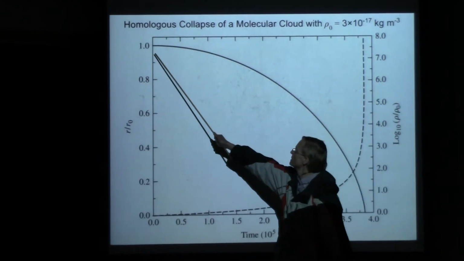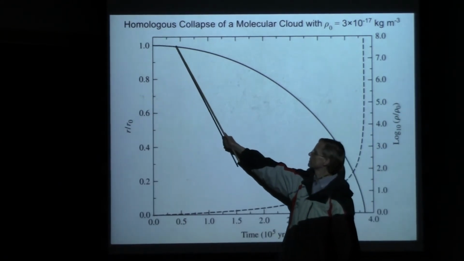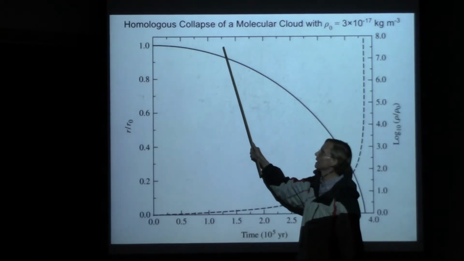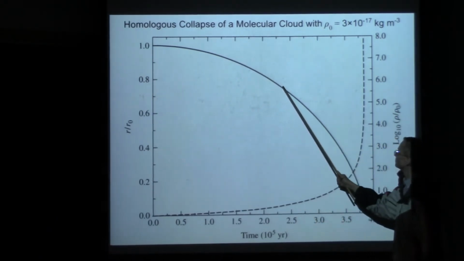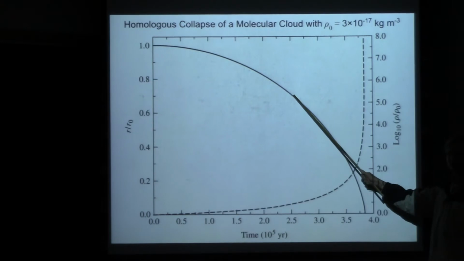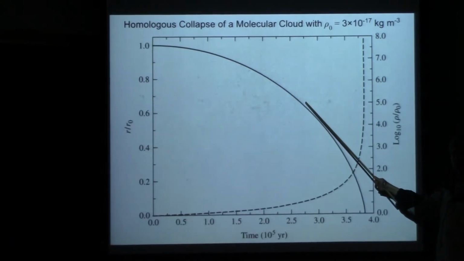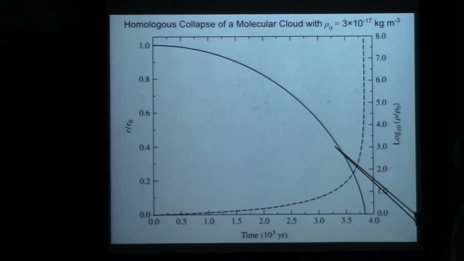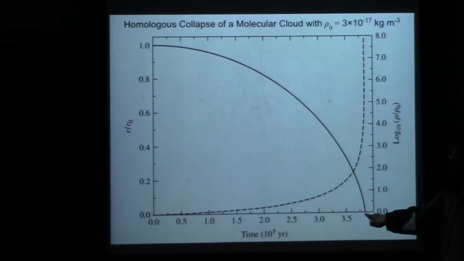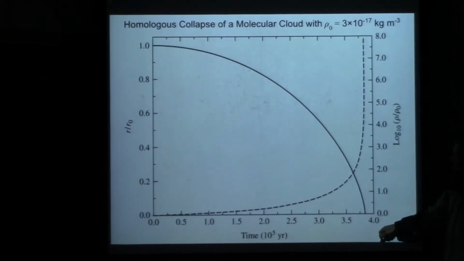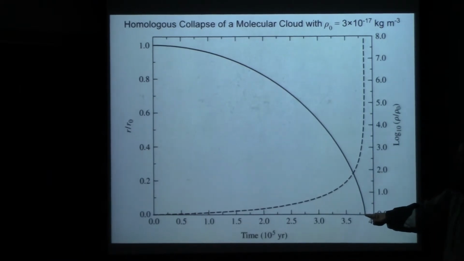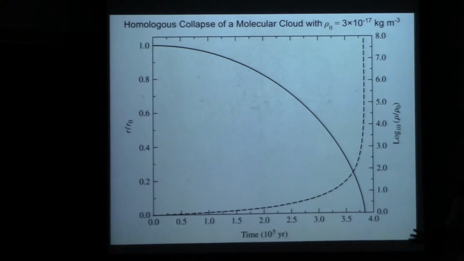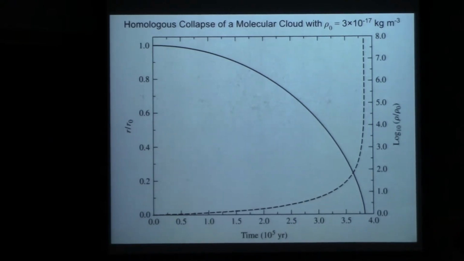Notice that initially the radius is only slowly changing with time, but because the acceleration keeps increasing, it's collapsing faster and faster, and it kind of drops off a cliff by the end here. At a finite time, it looks to be about 370,000 years or something like that, the radius has become 0.